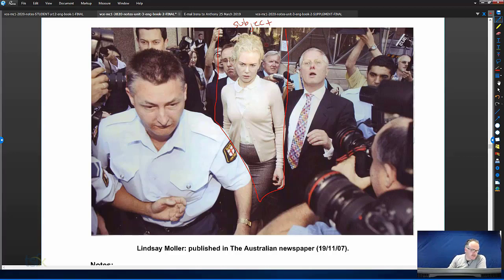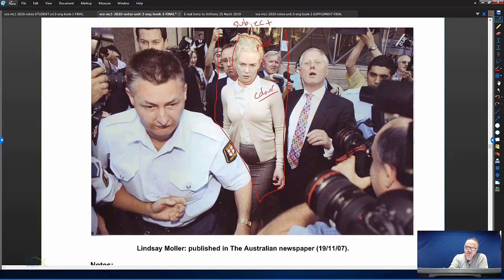So we're talking about framing there, but we can also talk about color. So, why this picture, why this image? Obviously the white color of her blouse and her cardigan makes her look innocent. But notice also that her face is quite pale.